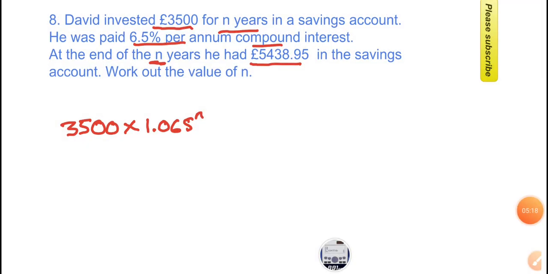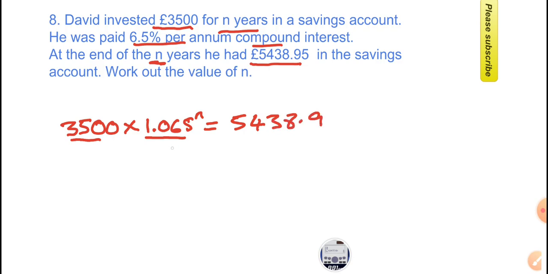Because we need to record this information and show our working out, I want to show you an easy and quick way of showing your working out. So all of this multiplied together, 3,500 times 1.065 to the power of n, has to equal 5,438.95.